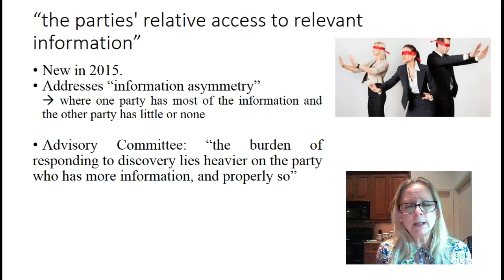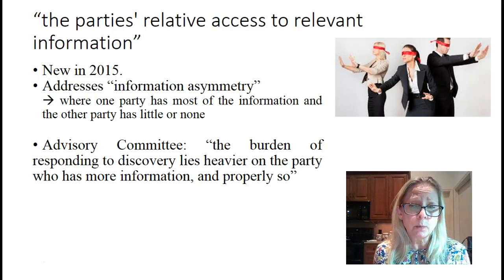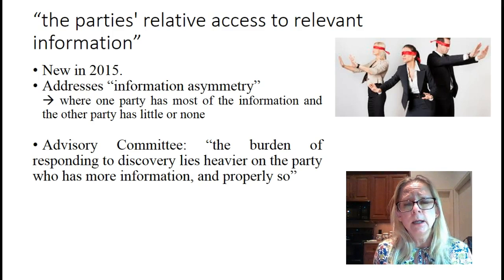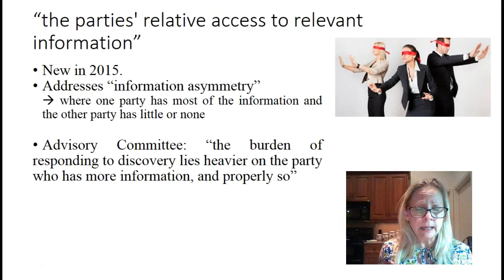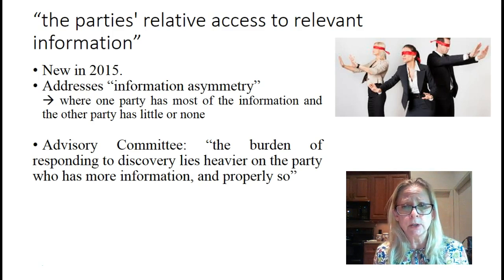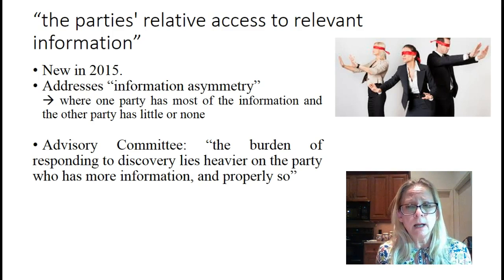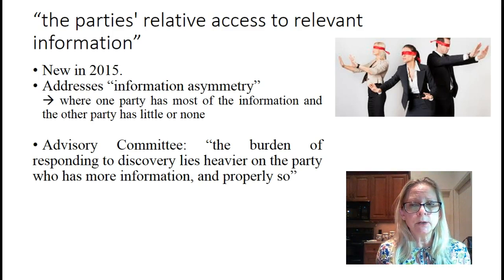This is frequently the case where an individual plaintiff sues an institutional defendant, such as a company or a government agency. And many times in such a case, the plaintiff will not have very much information going into the suit. A lot of the documents, a lot of the witnesses are controlled by the institution, the defendant.